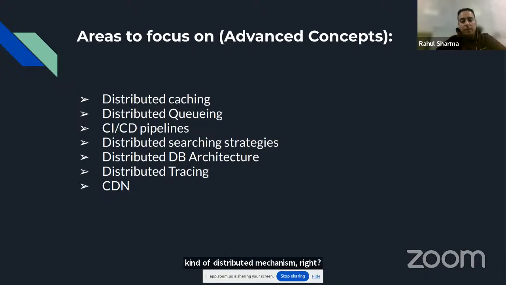In that part we have caching, we have a queuing mechanism, we have CI/CD pipelines for automating the deployment process. We have searching strategies to make complex searches easy. And we have a distributed DB architecture with a master-slave setup, where if one node is not working, the other node can serve the data to the users, right?